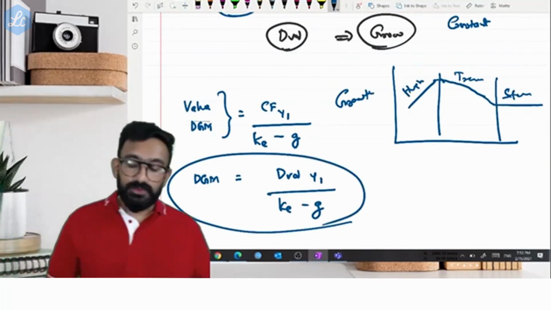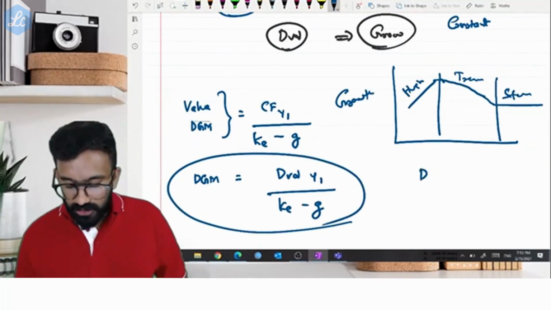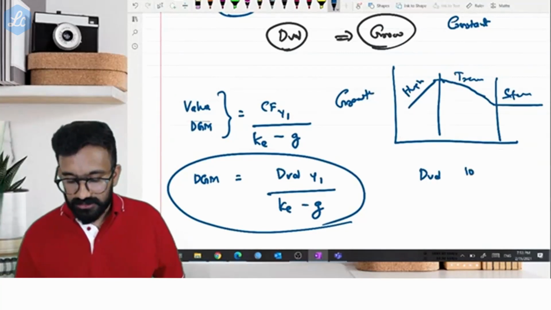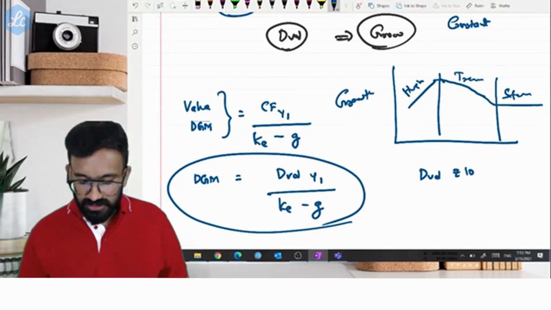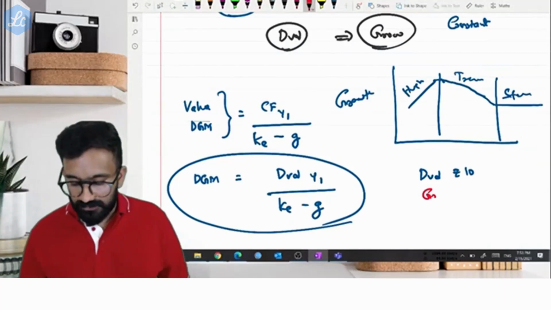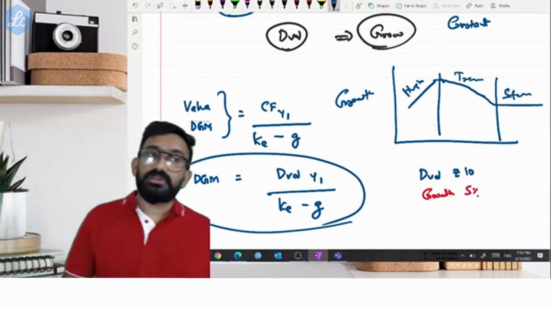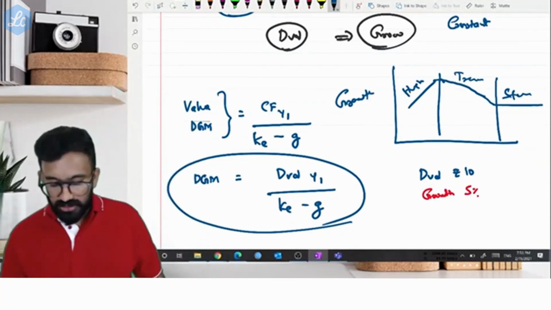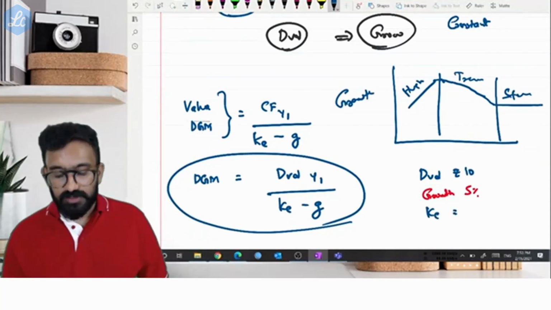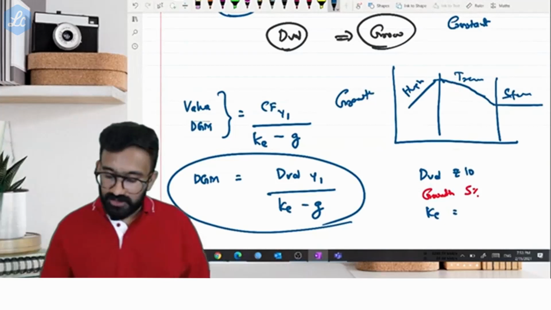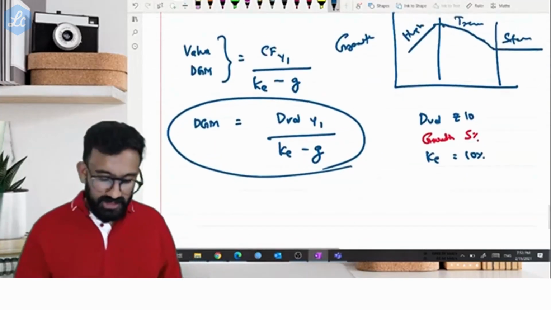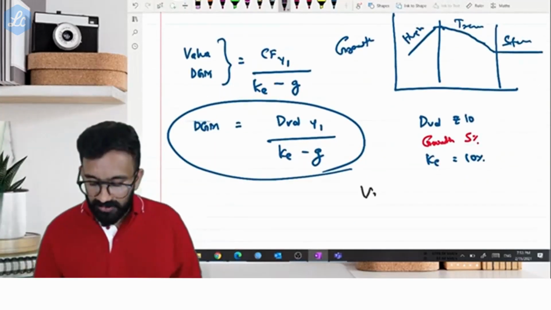So if you're expecting a constant dividend of 10 rupees with a growth rate of 5% forever, so the dividend is going to grow at 5%, and your required rate of return is 10%, how much will be the value today?